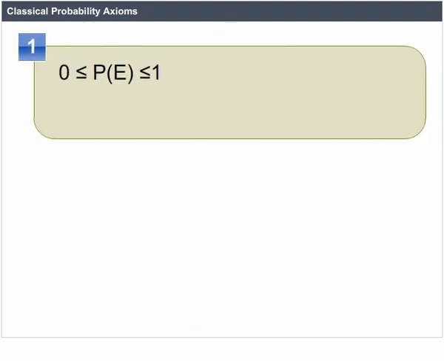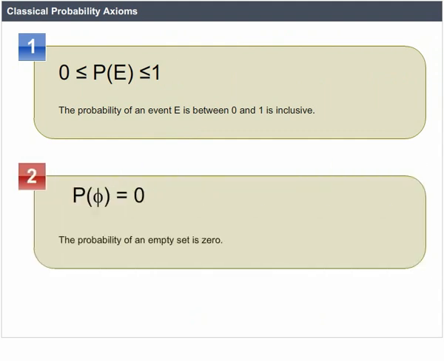Classical probability axioms. If E is an event and a subset of S, the sample space, then the following are true. 0 is less than or equal to P(E), which is less than or equal to 1. The probability of an event E is between 0 and 1 inclusive. The probability of an empty set is 0.